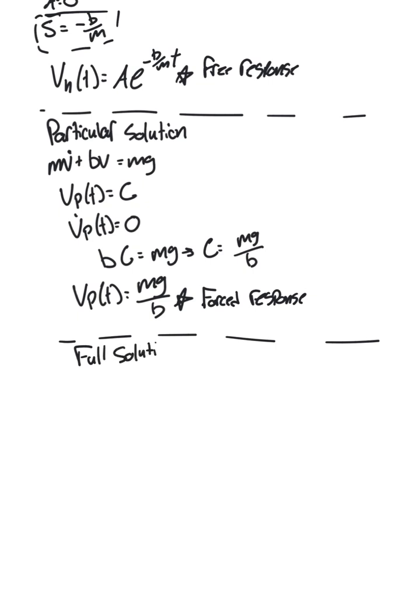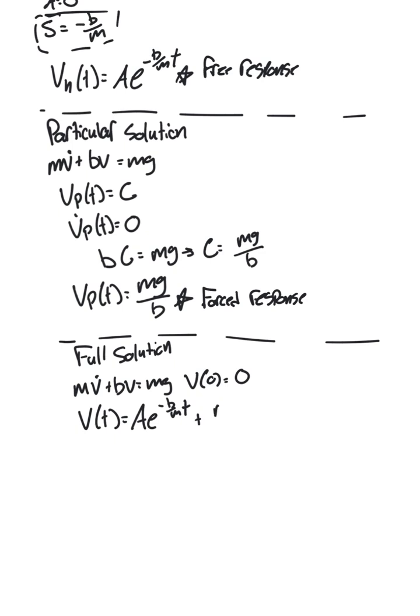Full solution time. Given that we had m v dot plus b v equals m g, and now I'm going to say that our initial condition is that at time equals 0, our velocity was 0, so we're starting from rest. We have v of t is equal to a e to the minus b over m t plus m g over b.